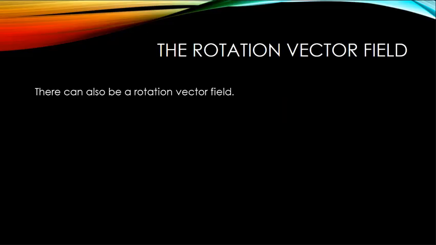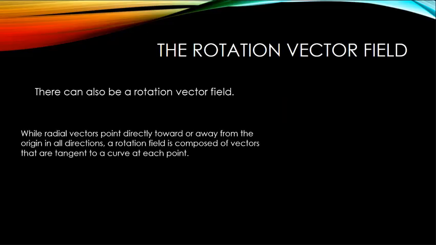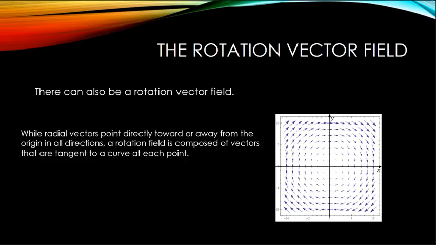There can also be what we call a rotation field. While radial vector fields point directly toward or away from an origin in all directions, a rotation field will be composed of vectors that are tangent to a curve at each point. So an example might look like sets of vectors that form a circle around the origin of my coordinate system.